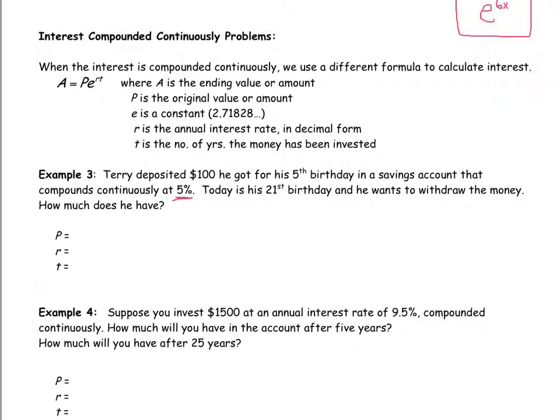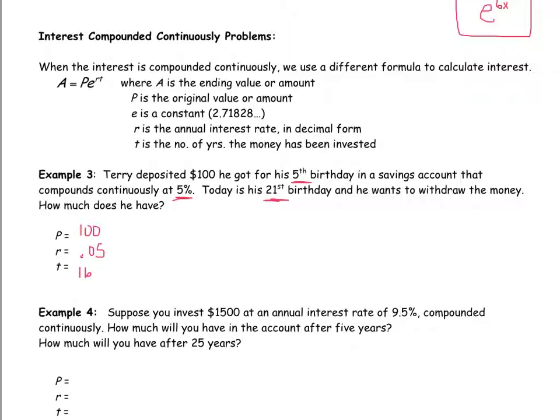Originally he invested $100, so that's going to be your P. The rate is 5%, so we're going to put in 0.05 for that. And then T is the time. If he got it for his 5th birthday and he is turning 21, then T would be 21 minus 5, which is 16 years later.